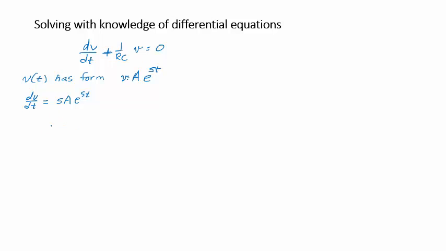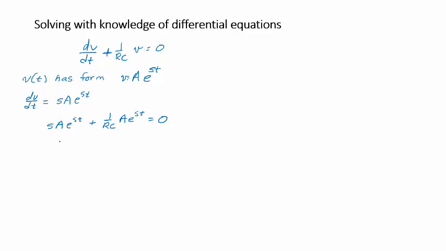And so I have s a e to the st plus 1 over rc a e to the st equals 0. So I've put my assumed solution into the differential equation and performed the derivatives to see that indeed this is a solution to the equation.